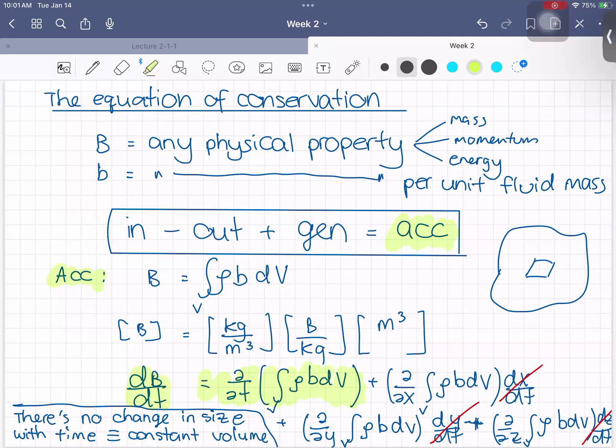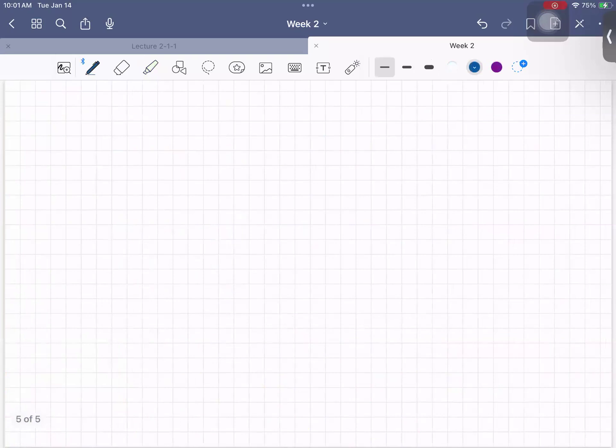Can I rewrite this actually? The previous one, dB by dt. Oh, sorry, it's not a big D. It's not a big D. All right, dB by dt, accumulation term here.